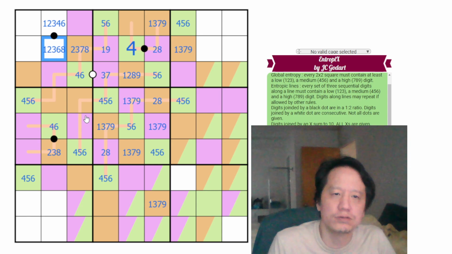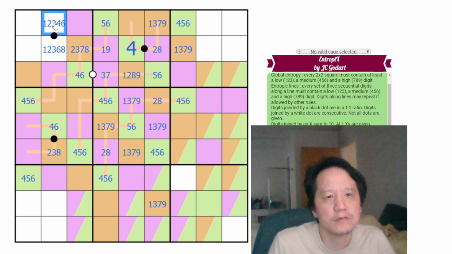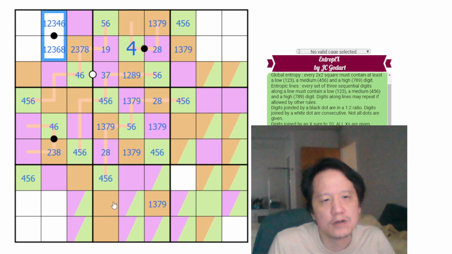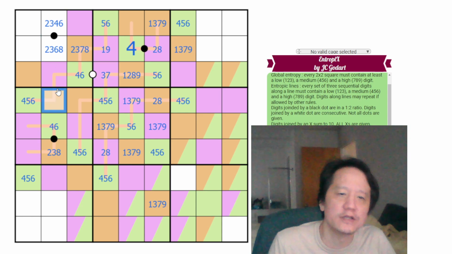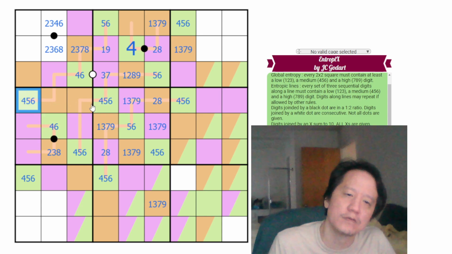Oh, wait. There's one green here, right? So there's one green here, which means this is either 4 or 6. So this can never be 1. Interesting. Okay.